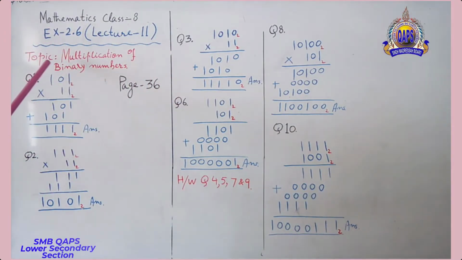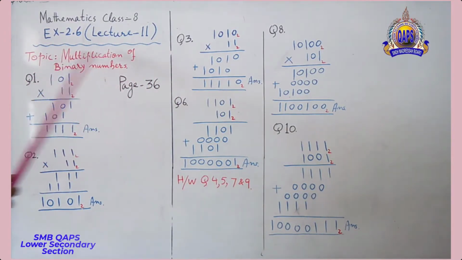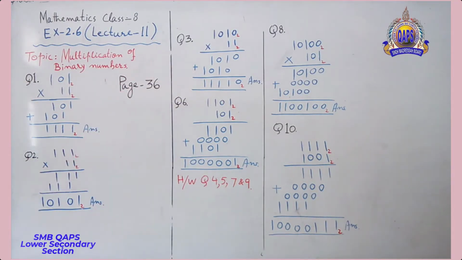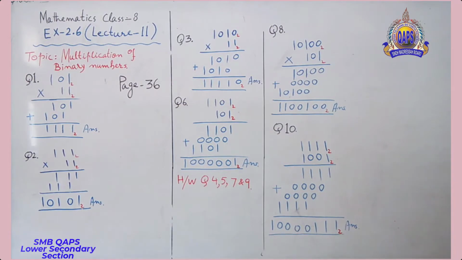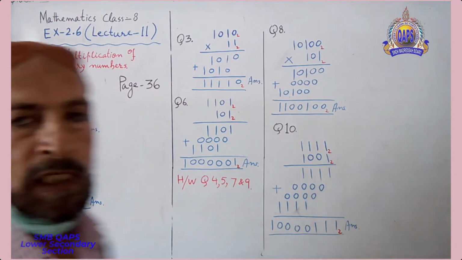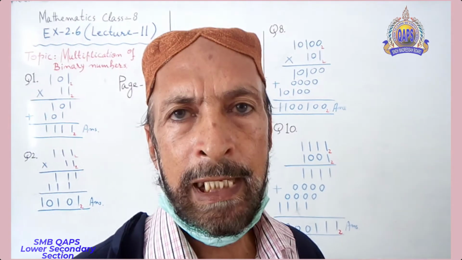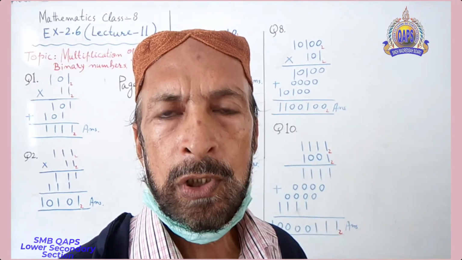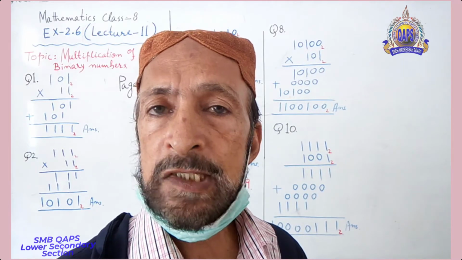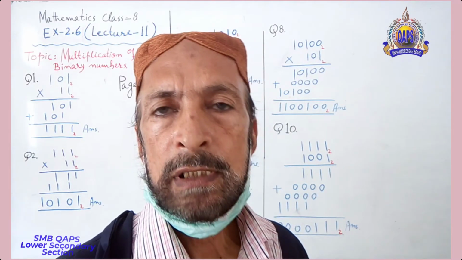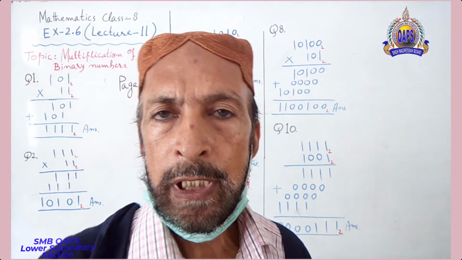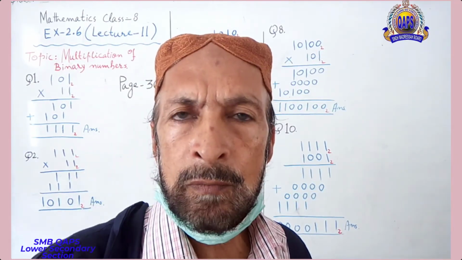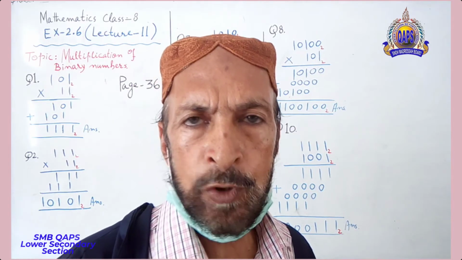Topic: multiplication of binary numbers. And as you know, the binary number system is called base power 2. That's why I put a small 2 in the bottom of the numbers. Have a look.